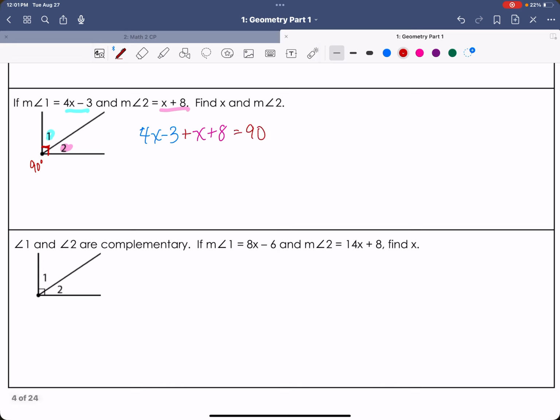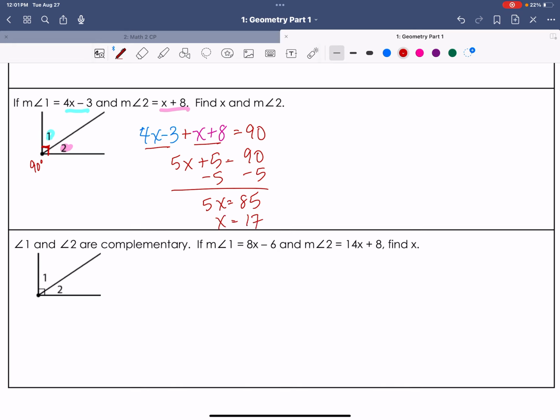So this is the one angle, this is the second angle, combine like terms. And then subtract your 5. 5x equals 85. Divide both sides by 5. And you're going to get x equals 17.